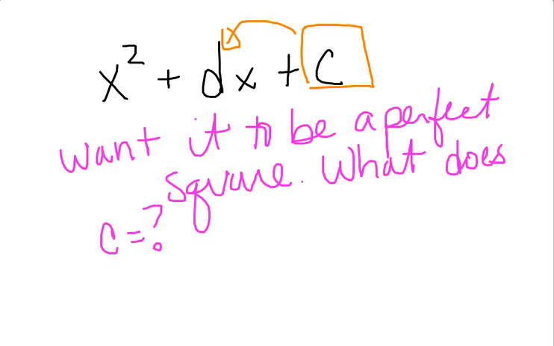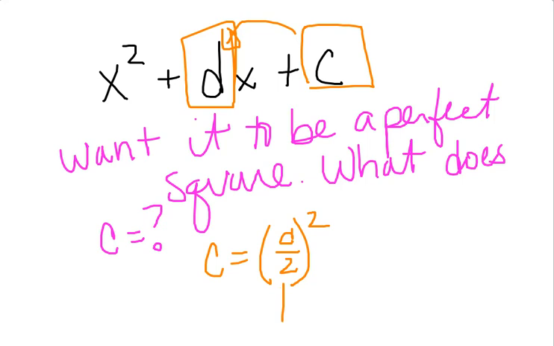So c equals d divided by 2 squared. I take the coefficient of x, divide it by 2, and square it in order to figure out what number I need as my third term.